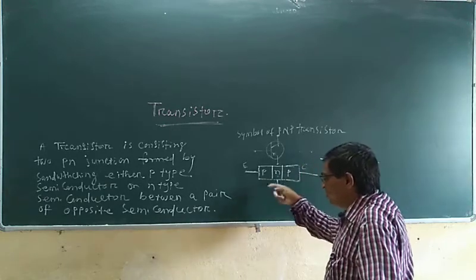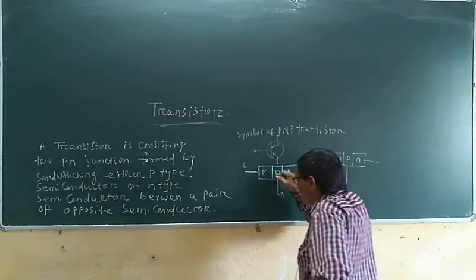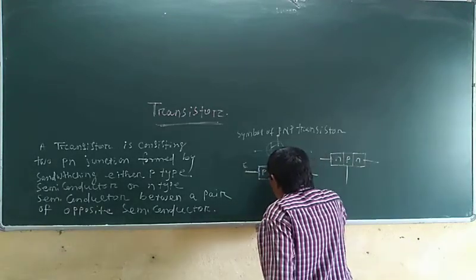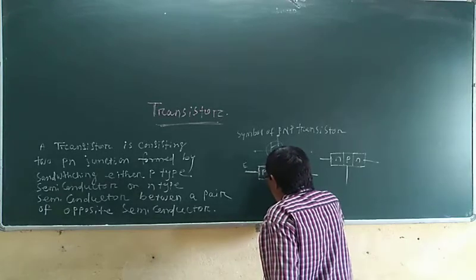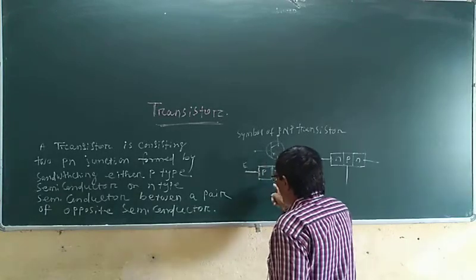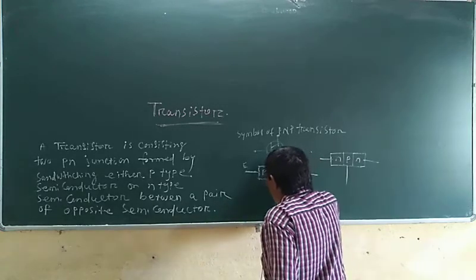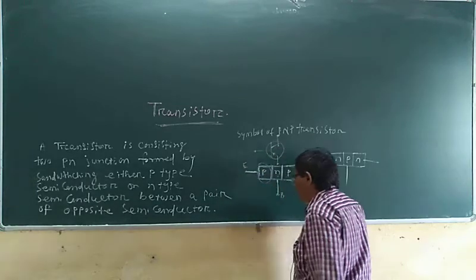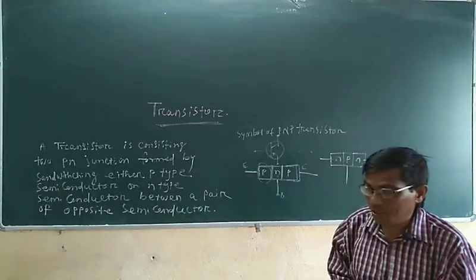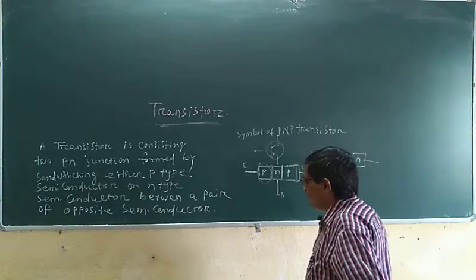Now, in this junction, that is the PN junction, one side of a transistor, one junction is heavily doped, or high concentration of charge particles are present on one side.